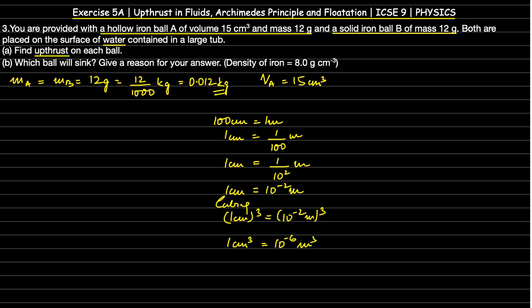So 1 centimeter cube is equal to 10 to the power of minus 6 meter cube. So 15 centimeter cube can be written as 15 into 10 to the power of minus 6 meter cube. So we have got this value in meter cube.